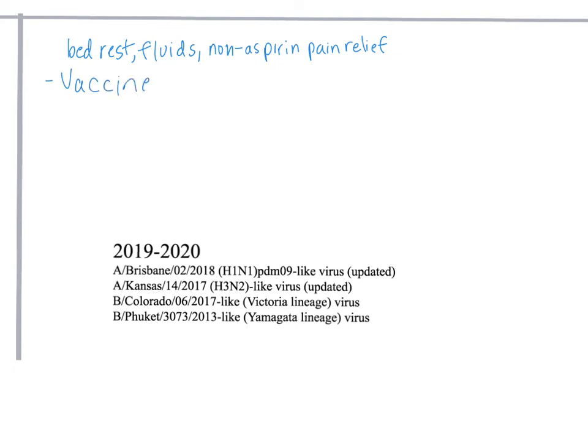The only other thing is talking about the vaccine. We touched a little bit on the flu vaccine before, when we were in chapter 17 talking about vaccines. Hopefully, in light of the current situation, if you've never had a flu shot before, you'll reconsider next fall.